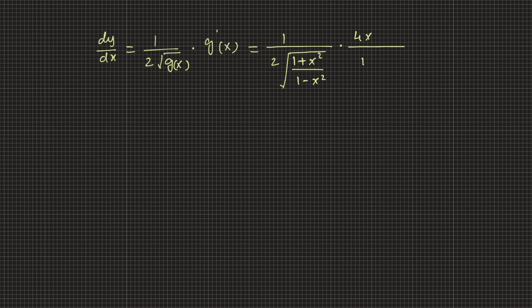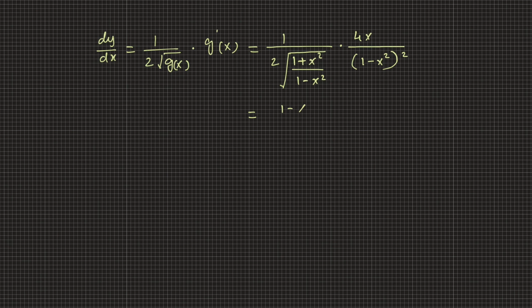Therefore, dy/dx is equal to 1 over 2 root g of x times g prime of x. Since we know g prime of x, we substitute it in the original equation labeled a, which gives dy/dx equals 1 over 2 root of 1 plus x squared divided by 1 minus x squared times the derivative of g of x, which is 4x divided by 1 minus x squared whole squared.